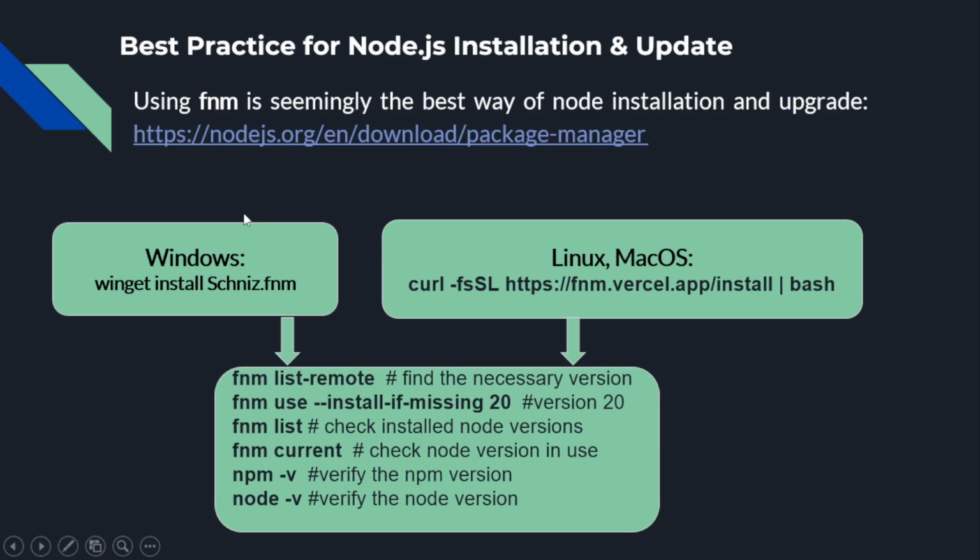The only difference is that on Windows you perform this command, winget install schniz.fnm, and on Linux and MacOS you use curl and this command you see on the screen. And after that, the operations are pretty unified and easy to understand. So again, fnm list-remote, fnm use --install-if-missing, fnm list, fnm current, npm -v, and node -v. That's all.